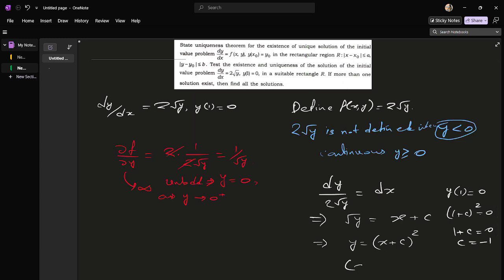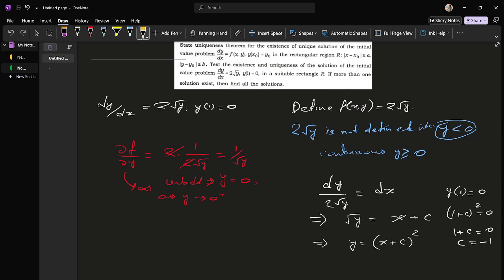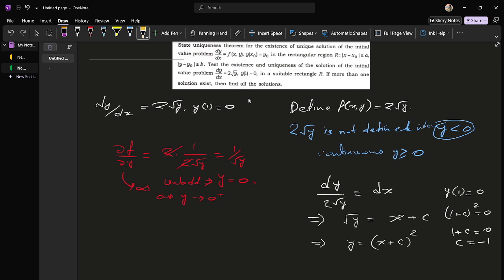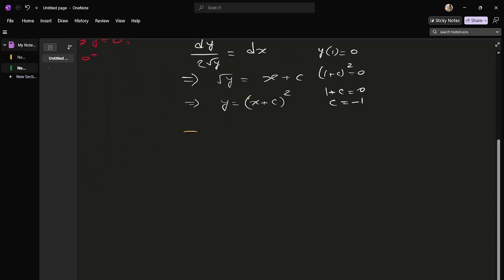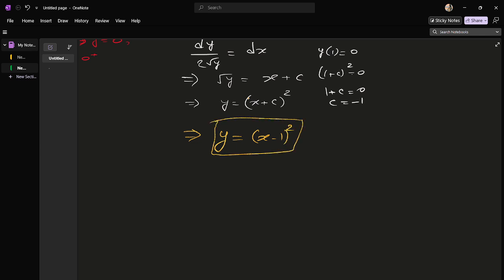So one solution we got is y = (x - 1)². Then we have to find another solution.